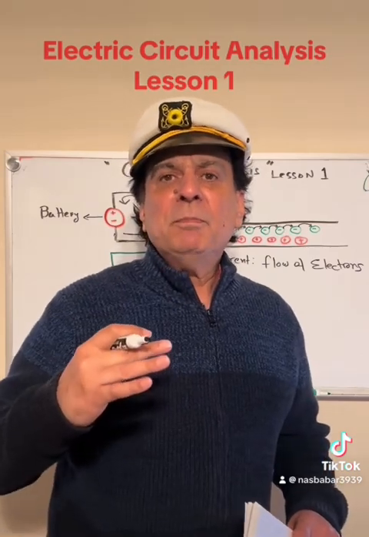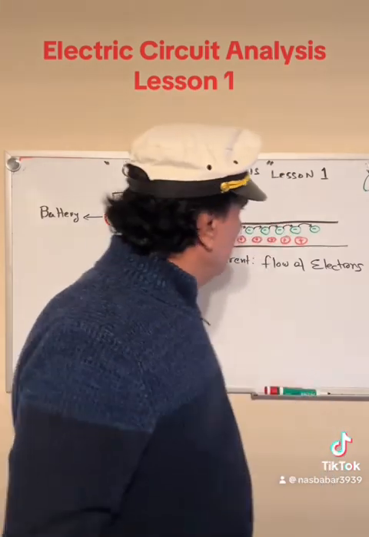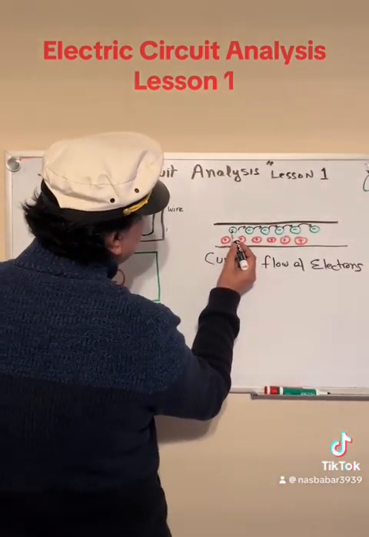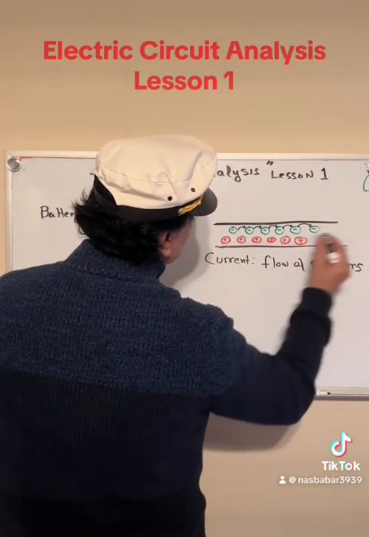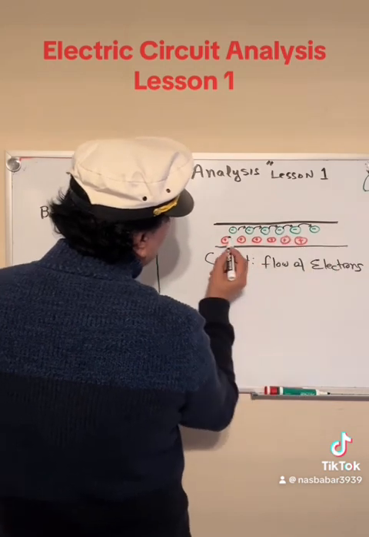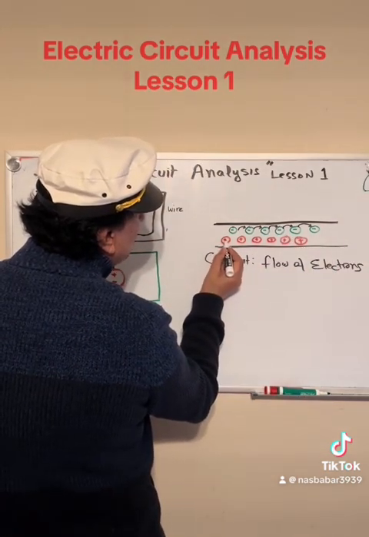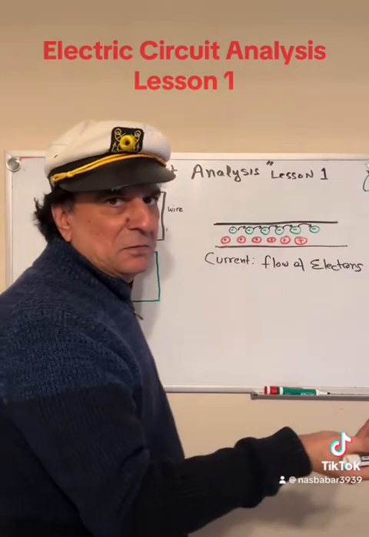It's mathematical convenience, and I'm going to show you why. As these negative charges leave and travel at the speed of light in a wire, the positive charge right here is left with a hole, okay?